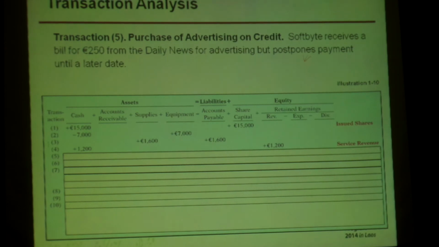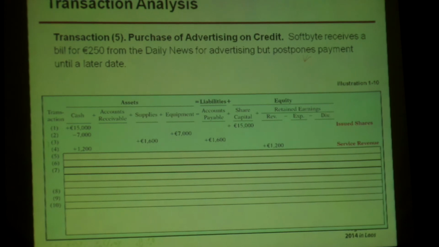Okay. Now the next one. SoftBite receives a bill for $250 from the Daily News for advertising, but postpones payment until a later date. What is this? They advertise on Daily News. I'm the SoftBite, I'm the programming service, and whoever needs a programming service, come to me. So, then they put the advertising in the newspaper, right?